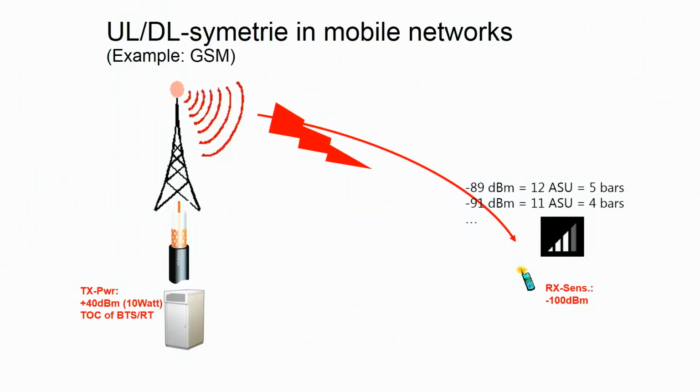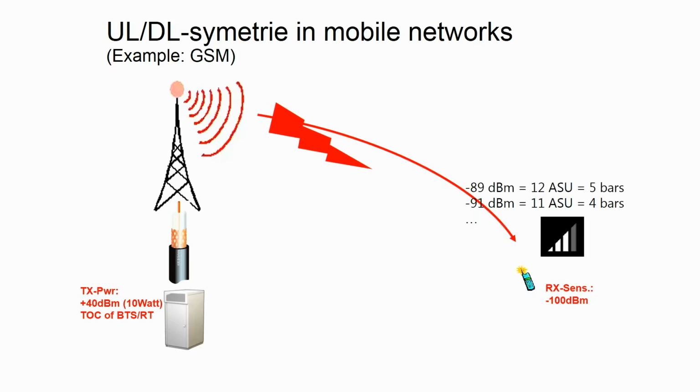For instance, in GSM, you can calculate very well a channel. It usually sends about 10 watts. We have an attenuation of the cables, and the device receives about minus 100 dBm.